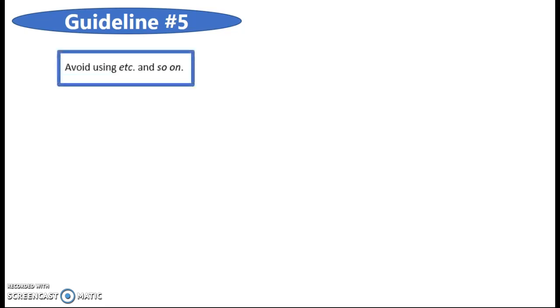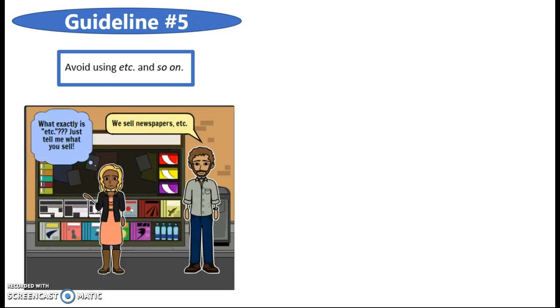All right, guideline number 5. Definitely avoid using etc. and so on. So, for example, in this cartoon, this bookseller on the street says, "We sell newspapers, etc." And the customer there is wondering, well, what exactly is etc.? Just tell me what you sell. And the same is true in formal writing.